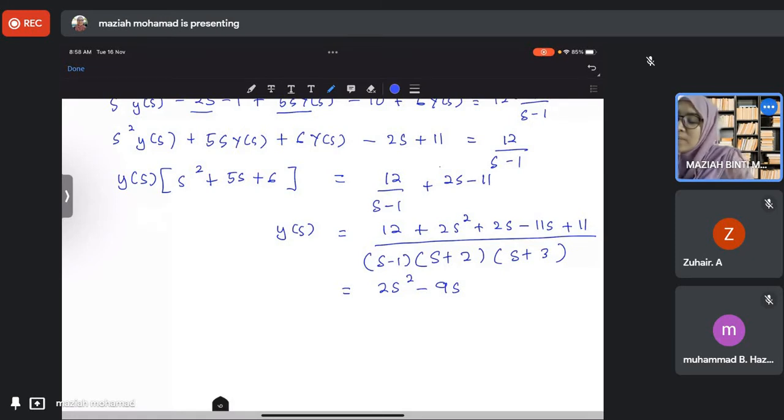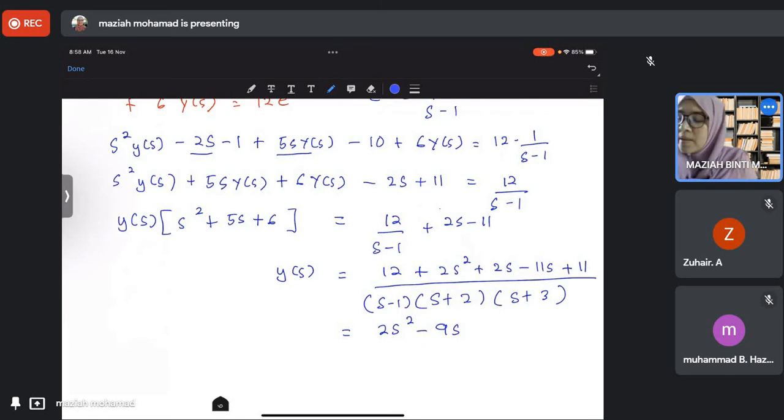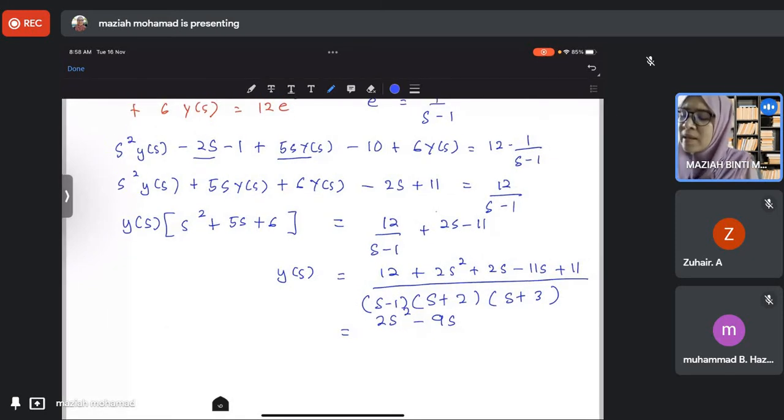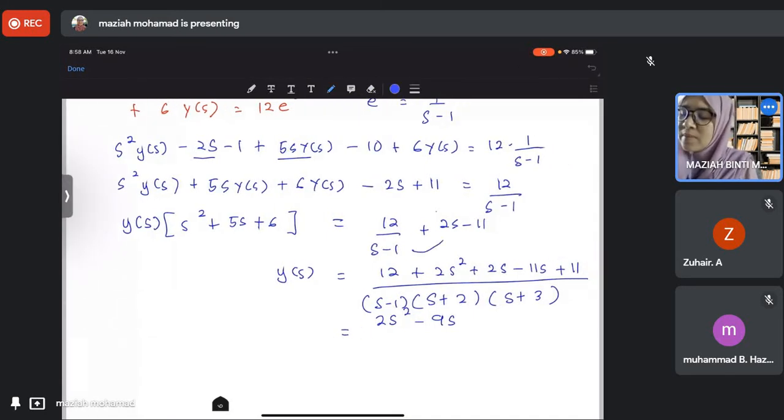Ini tambah ke tolak? Cuba you checkkan saya punya darab yang di kat atas ni. Betul tak? Macam ada something wrong. Doktor, minus 11 ke plus 11? Itulah saya nak tanya. Minus 11 ke plus 11? Plus. This one plus, to s plus 11. Minus 11, kan dia pindah kat sebelah.